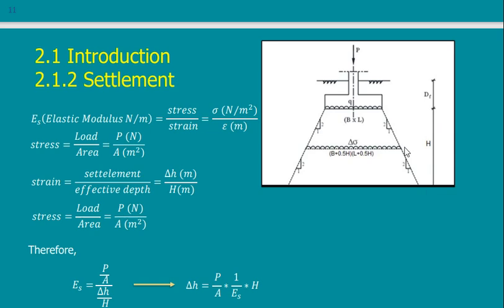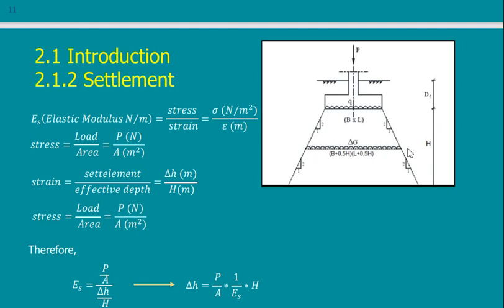So to calculate the settlement, it means that I should divide this into millions of layers, and for each layer calculate the stress on it, its area, and the settlement, and then add everything. It's a lot of work. What is a good reasonable approximation? Take the area exactly in the middle.